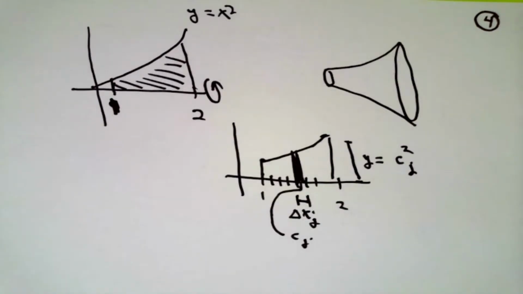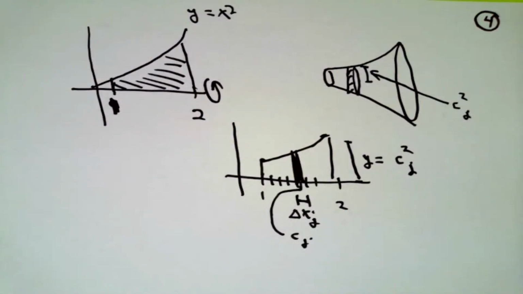Since I'm on the graph of y equals x squared, if x is cj, then the y-coordinate is going to be cj squared. Since my vertical strip goes all the way from y equals 0, which is the x-axis, all the way up to y equals c squared, then the radius of my disk is going to be cj squared.